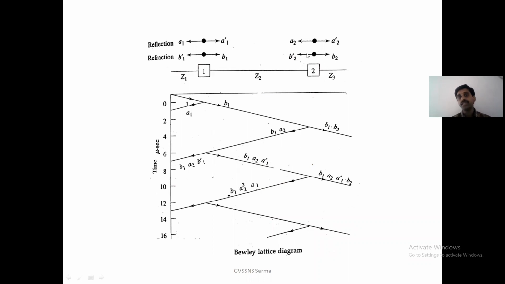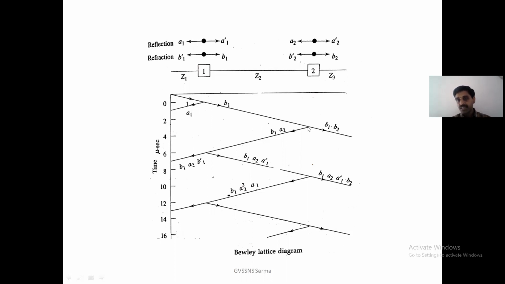Same way for the junction J2. So let us see here. When a wave with a magnitude 1 is traveling, it reaches the junction J1. It will be reflected as well as transmitted. So 1 into A1, the reflection coefficient when traveling from left to right, is the reflected wave. The transmitted value is 1 into B1.